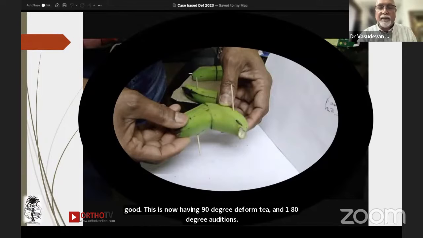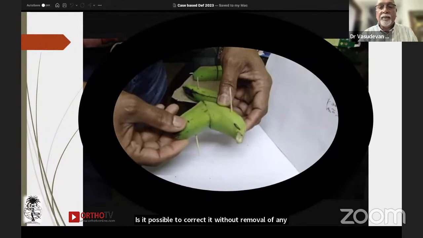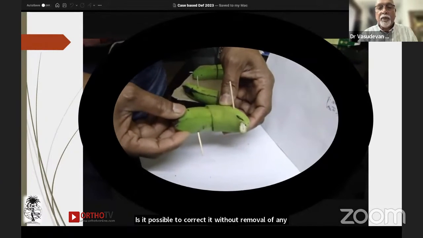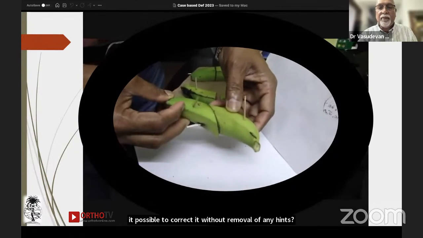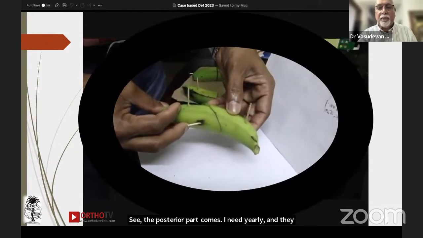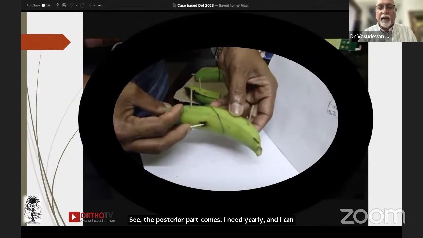Is it possible to correct it without removal of any wedge? See, the posterior part comes anteriorly, and I can correct all the deformities. That is 90-degree varus, and 180-degree rotation can be corrected easily without removing any bone.